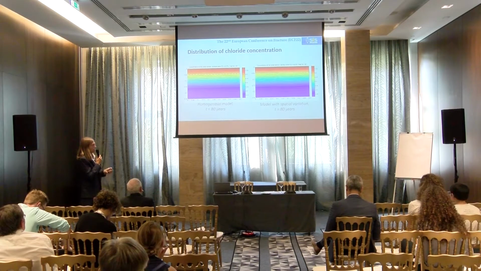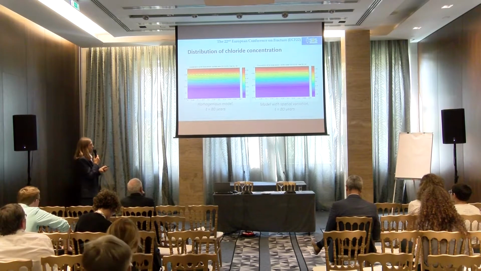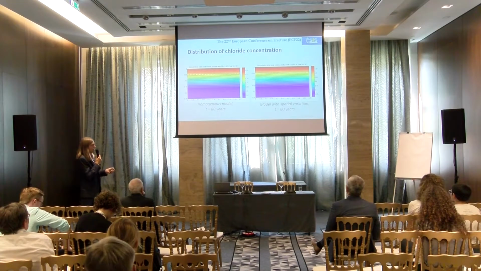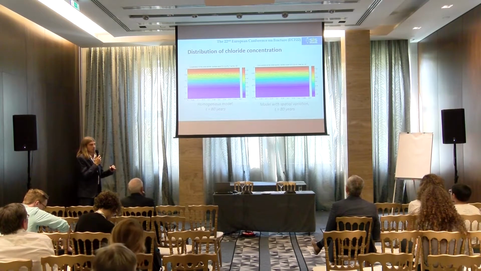And this is actually the depth where we analyze the concentration of chloride. Here, in the homogeneous model, you can find that the lines are parallel. And here in the heterogeneous, you can find out that the isolines are not parallel. It means there is to some extent heterogeneity going on.